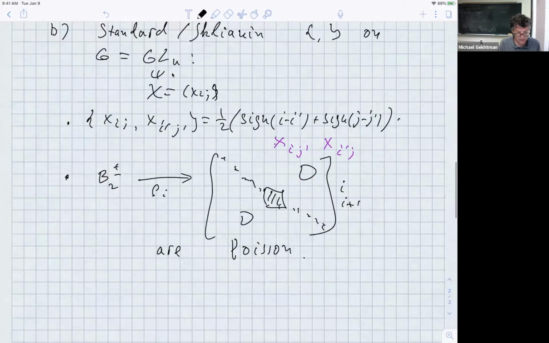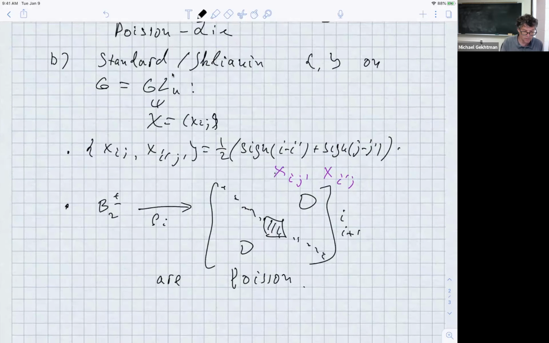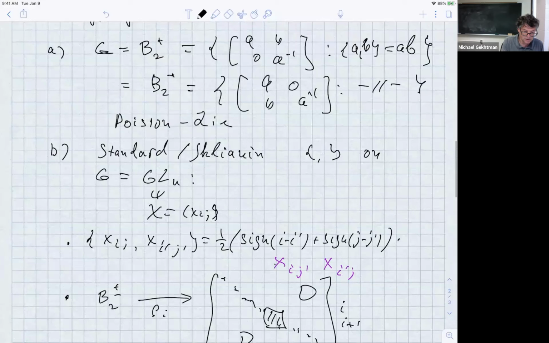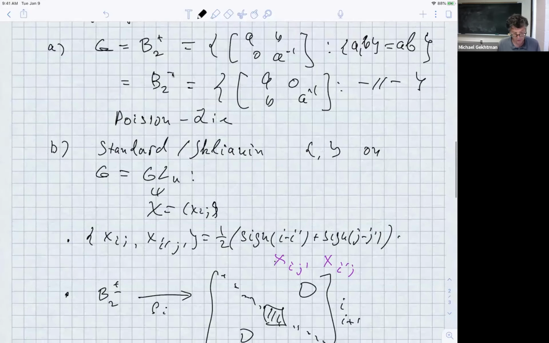And here we have an interesting situation already, because in natural coordinates this bracket is not log canonical, but we know that the bracket on these B2 pluses, B2 minuses is log canonical.